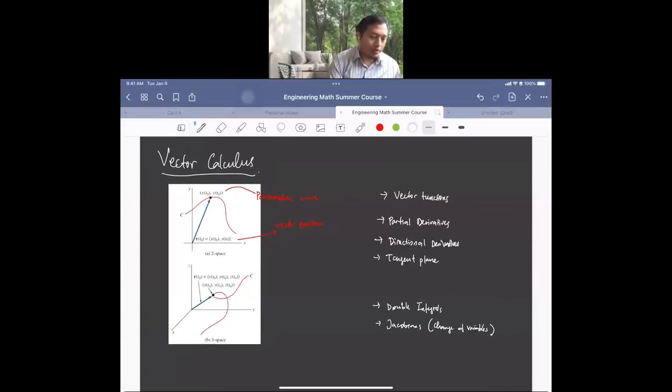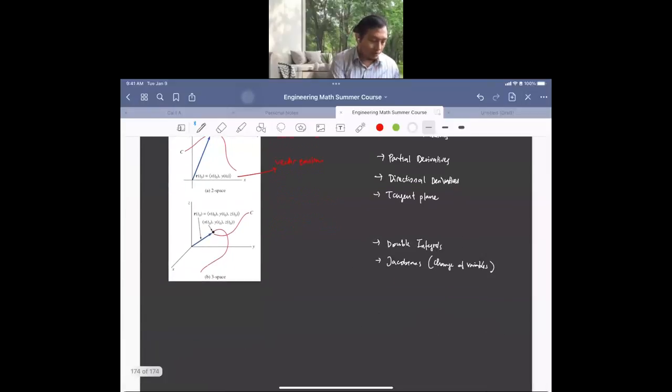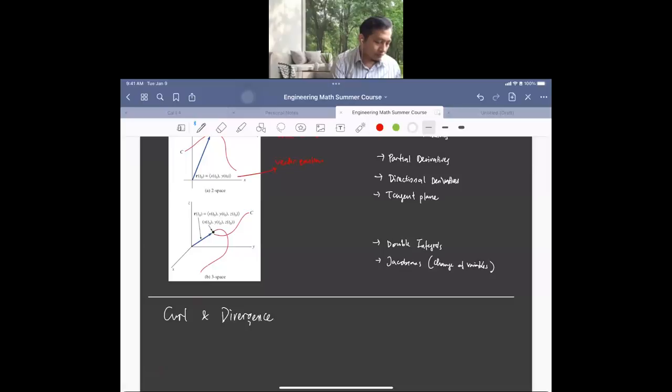I will start with vector calculus in our course. We will start with the curl and divergence. What is curl and divergence?